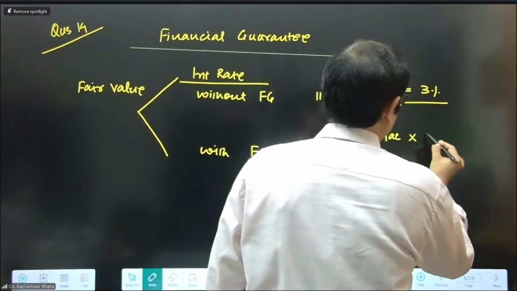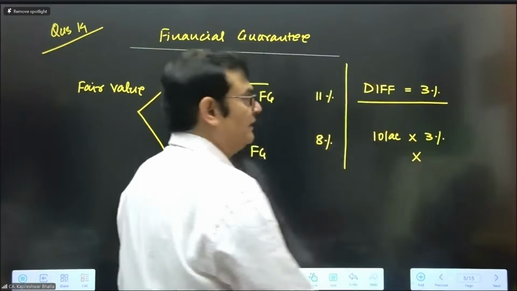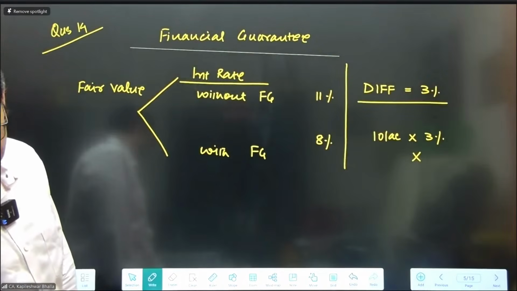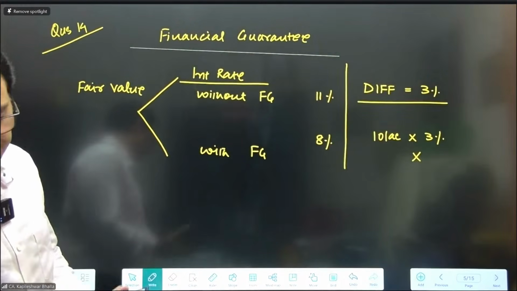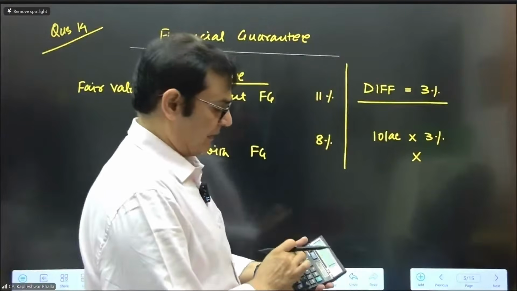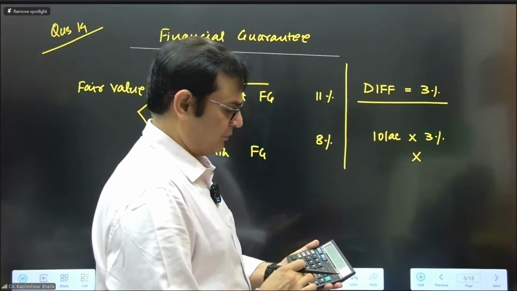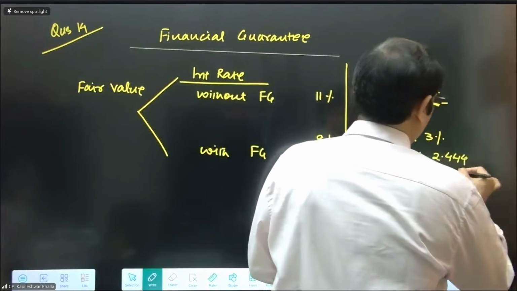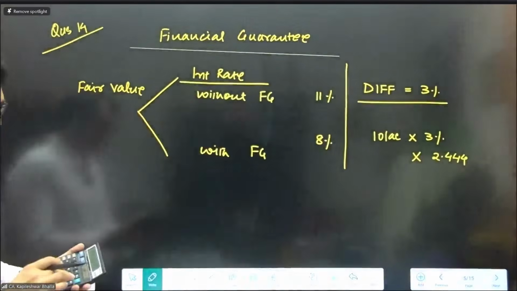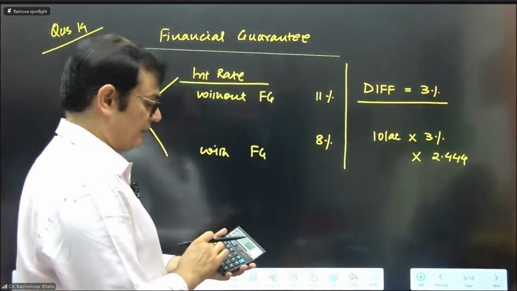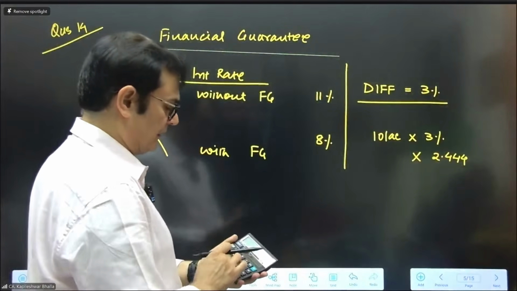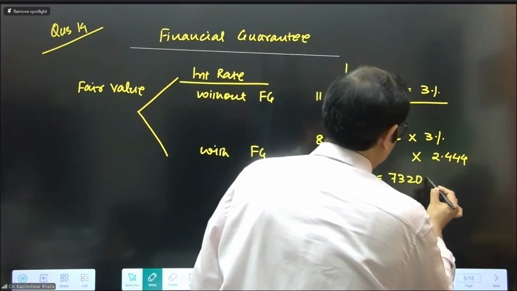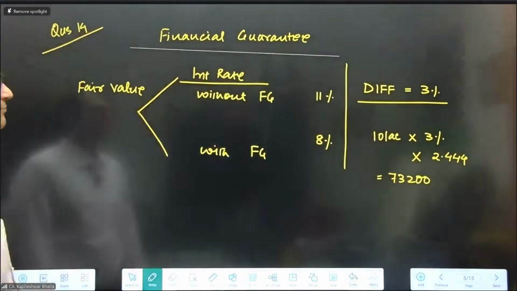We take a 3% interest and we need a 3 years factor. So let's take a 3 years factor at the rate of 11%. At 11%, 1, 2, 3, this comes to 2.444. So on 10 lakh rupees, we take 3% interest, and that works out at 73,200, which is the fair value of the financial guarantee.